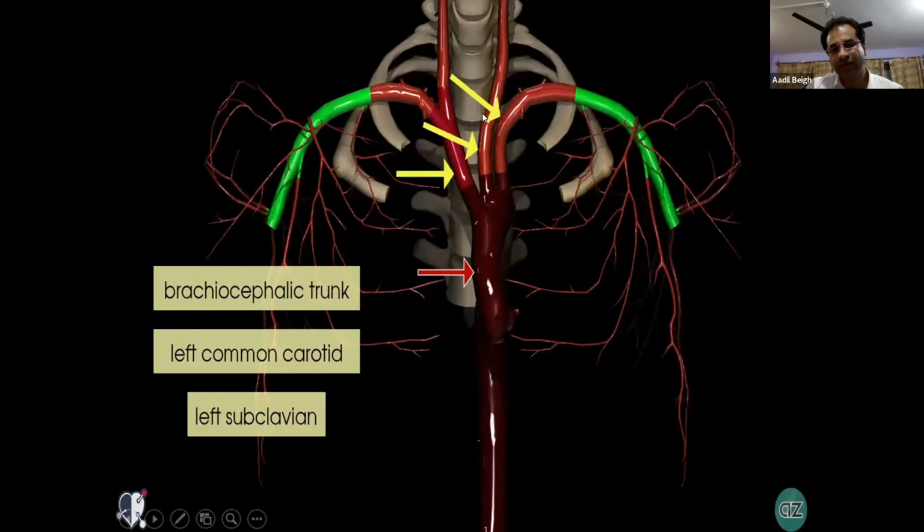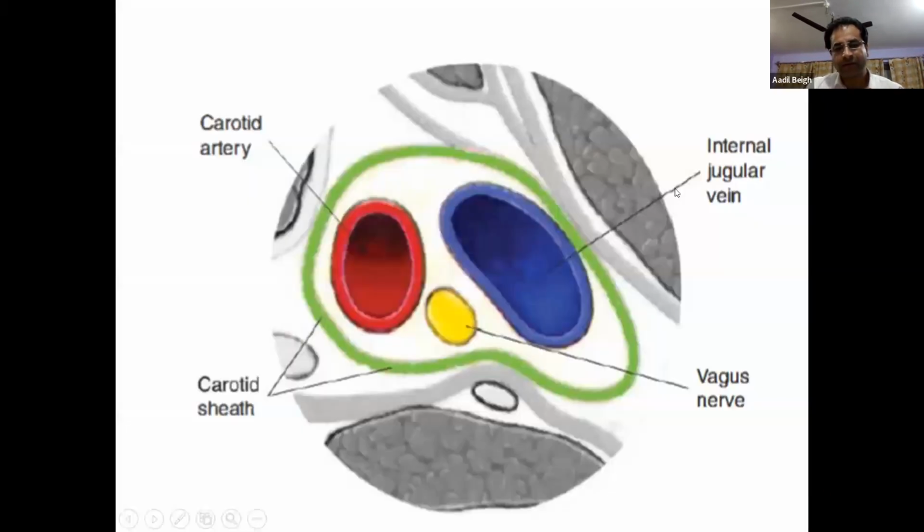In the middle, it gives the common carotid artery for the left side of the neck, and the third branch is the subclavian artery, on the left side, which continues as the axillary artery. So this is in the neck, this is the carotid sheath, which contains the carotid artery, the internal jugular vein, and the vagus nerve.